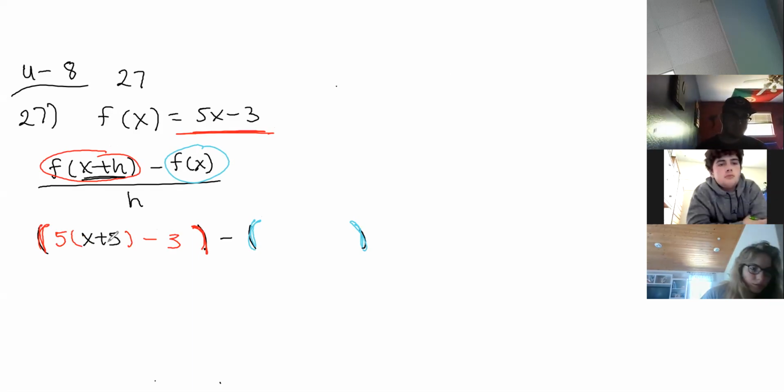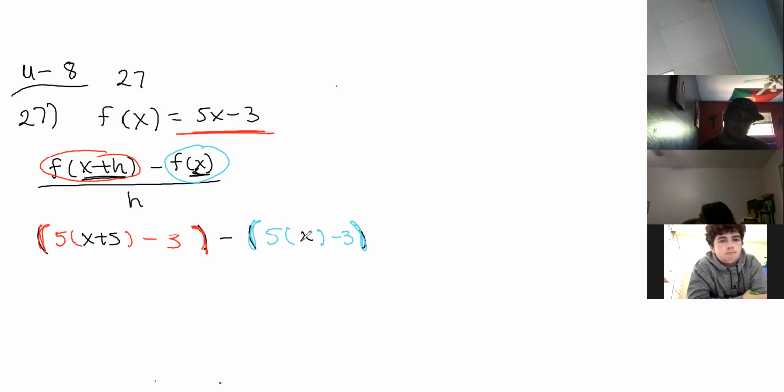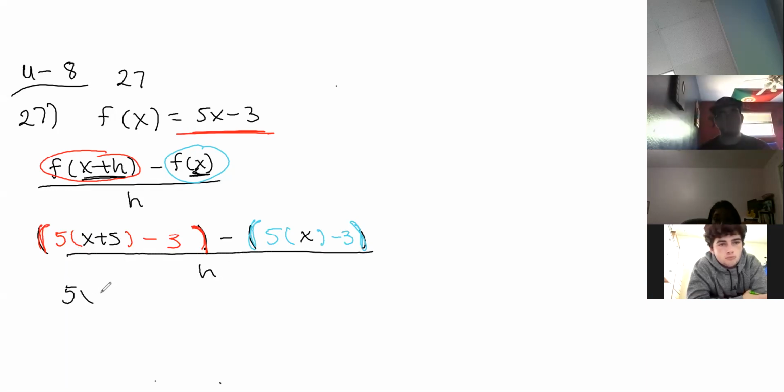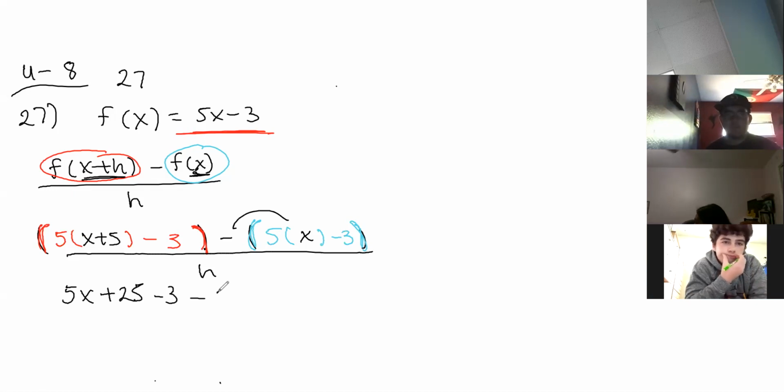And then the next one, we're going to do something similar. Again 5 blank minus 3, and this time what's going inside the parentheses? X. And then it's all over h. So that gives me 5x plus 25 minus 3. Isn't that supposed to be an H?